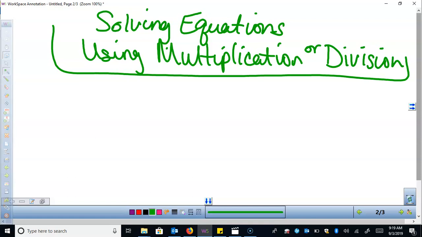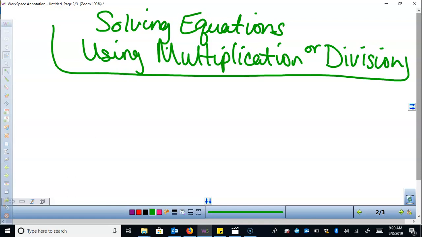In our last video we discussed how solving equations is essentially finding equivalent equations that give us a more direct answer as to what a missing value is. We used the addition property of equality and the subtraction property of equality to do that. In this video, we're going to take that same concept and apply it when we have multiplication and division to basically undo.